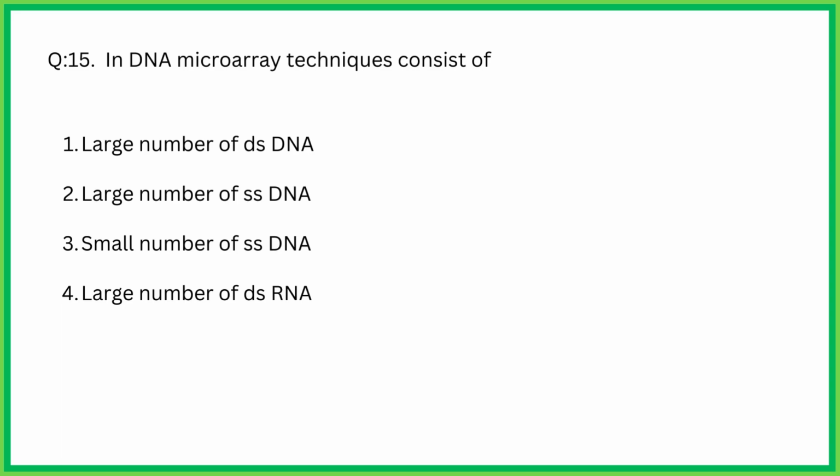If you have read about the microarray technique, then this question will be the easiest for you to solve, because the DNA microarray technique consists of single-stranded DNA. So we will select the option according to that. It's mostly between option two or three.